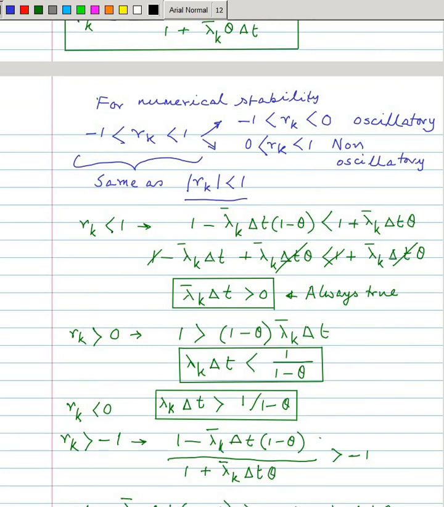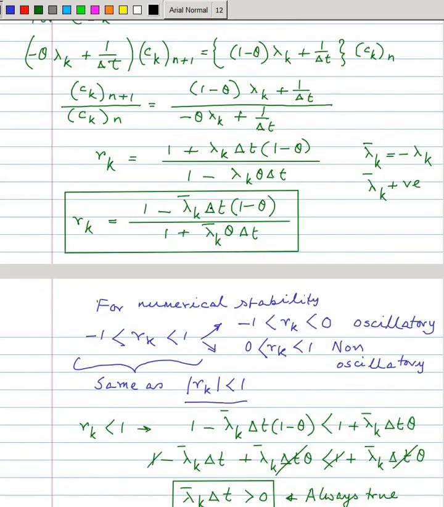So R_k less than 1 is always satisfied. Then is R_k greater than 0? For that, the numerator has to be greater than this, because the denominator is positive.